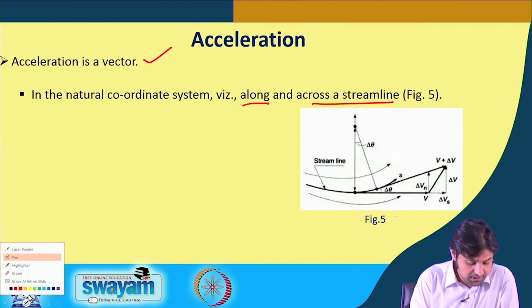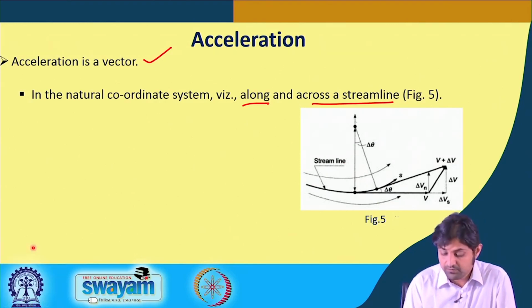This is the direction s, this is the velocity V direction, this is the change in velocity in the s direction, and this is the velocity change in the perpendicular direction.